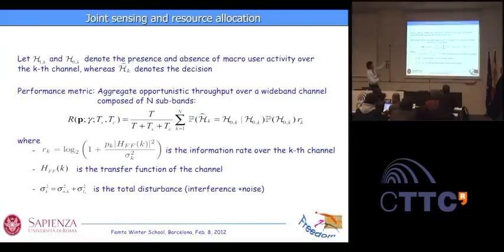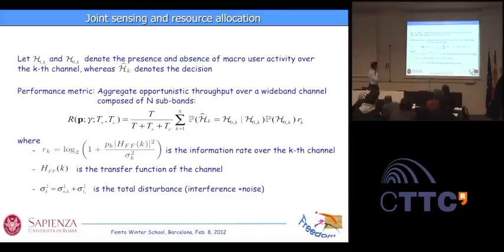We have several of these decisions over all the channels, so K represents a sub-channel in frequency domain. So first of all we have to specify our utility function, what we want to optimize. In this case, for example, we want to maximize what we call the aggregate opportunistic throughput.